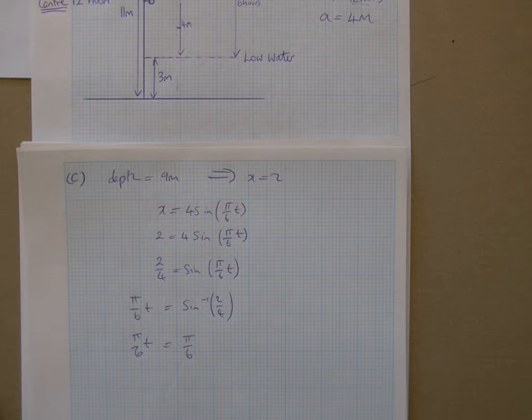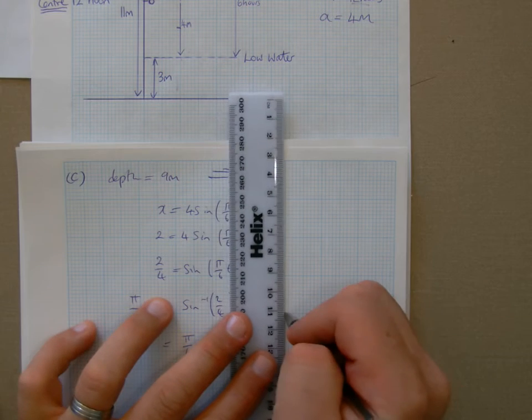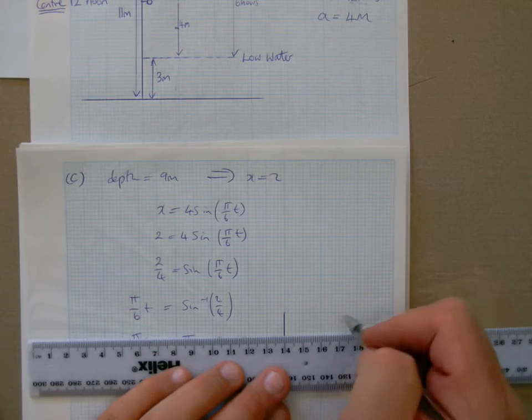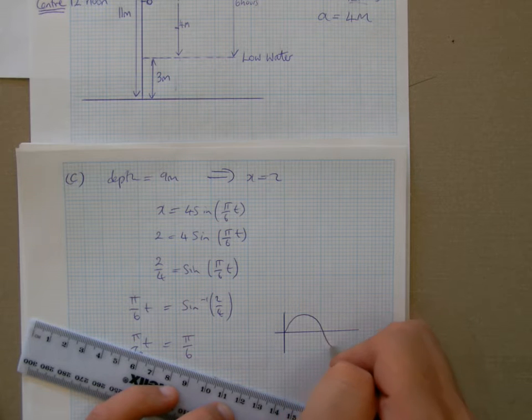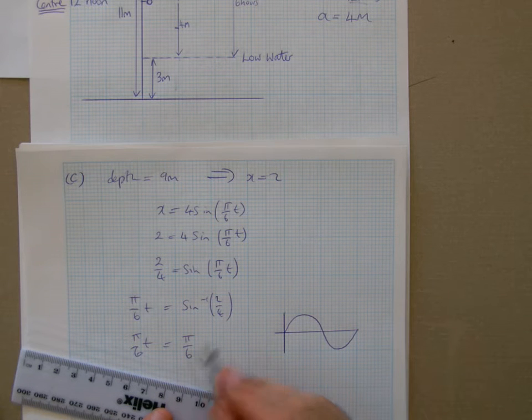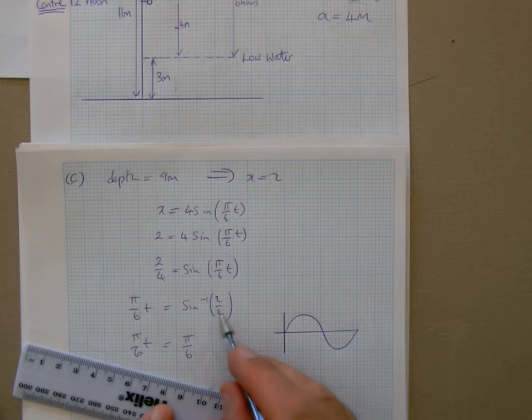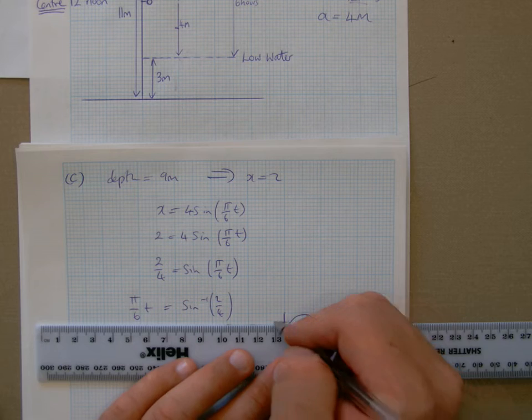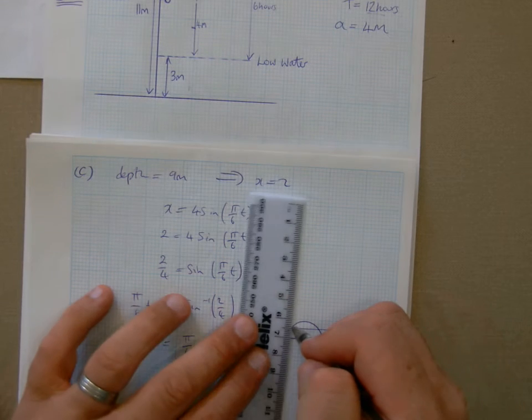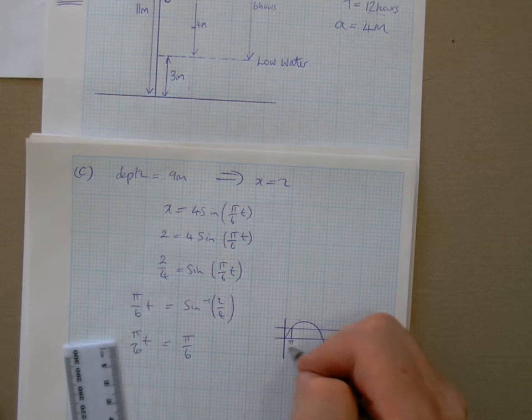Now you've got to appreciate that that's just one result. If you draw your sine graph, you get other results out. I only need one more result. Sine to the minus 1 of 2 over 4, that's a half, so half's about here, and pi over 6 will be this result here.